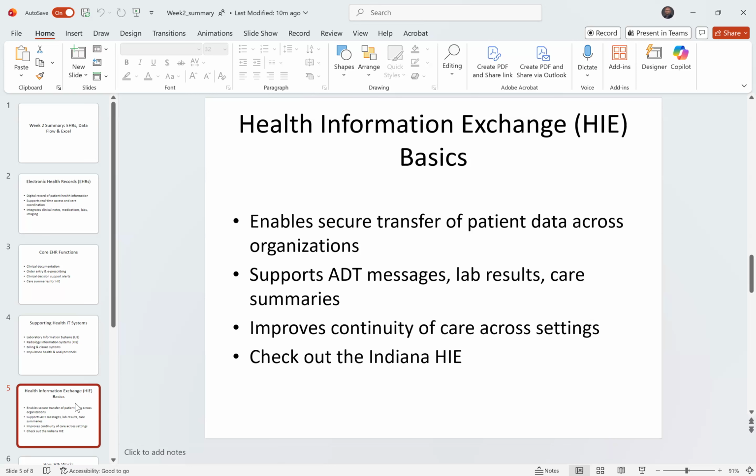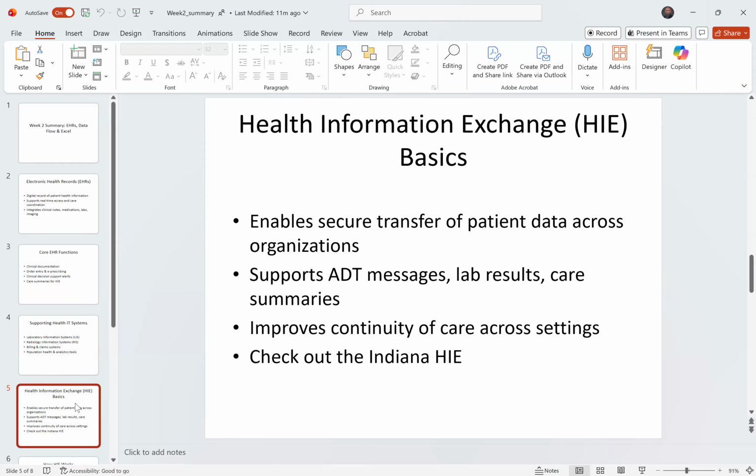So as individuals go from place to place, or maybe even a long-term care facility, their health information can be in one place under a common language. Remember, I spoke about a common currency. Well, the problem is that currencies are different with these different EHRs. So if there was a common currency, one that anyone could read, that would be helpful.